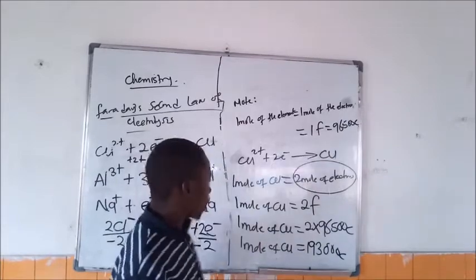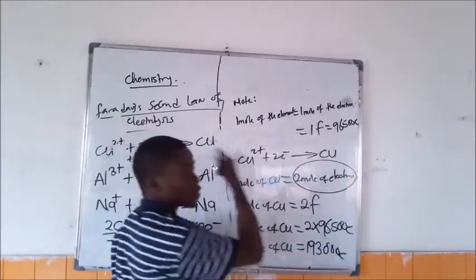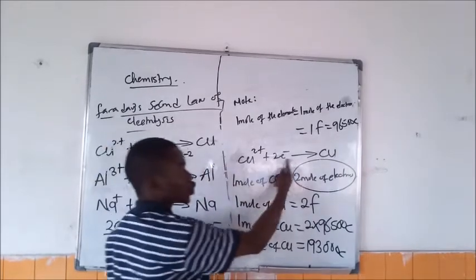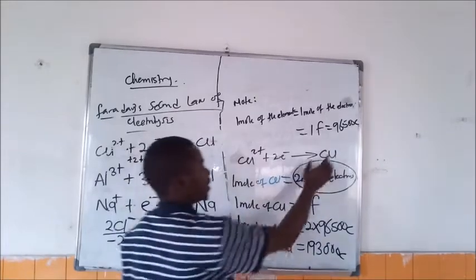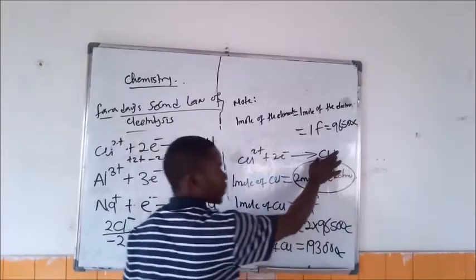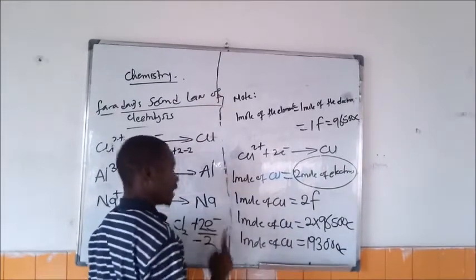Let's take for example that we have Cu2+ that eventually discharges during the electrolysis. If you balance it with 2 electrons, you have copper. Meaning that you have 1 mole of copper eventually discharged during the whole process of electrolysis.